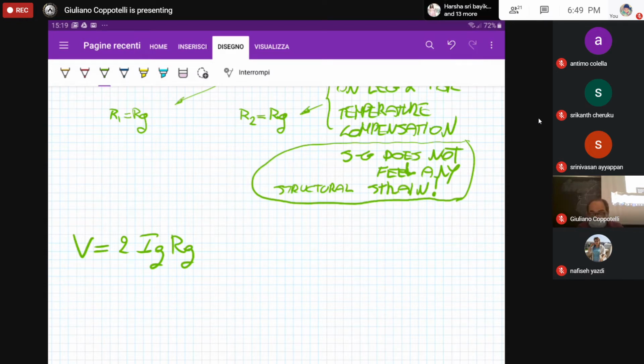Because the product Ig-Rg is related to the maximum power that could be dissipated, this equation could be rewritten as twice the square root of Pg times Rg. We already discussed that.